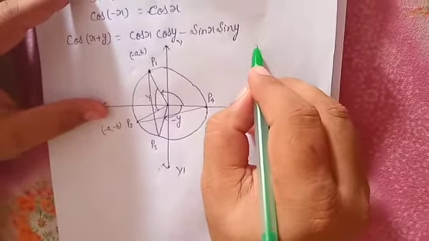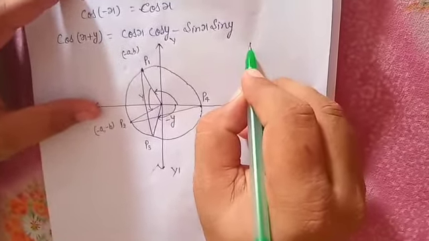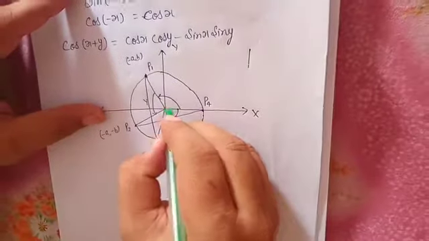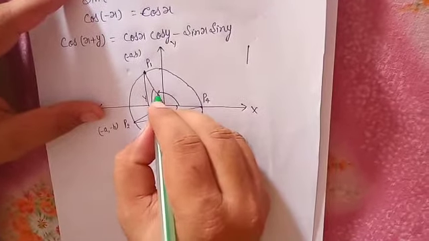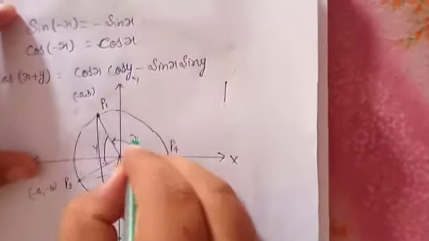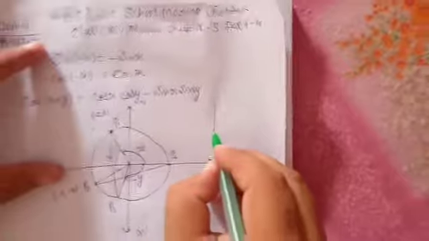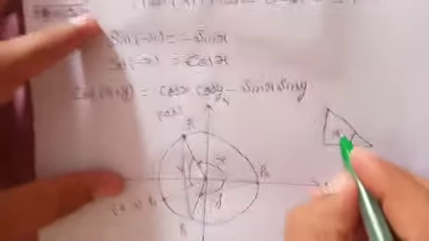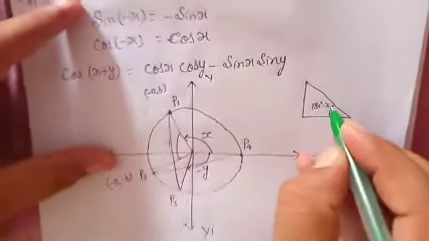So what you can take? A triangle. So you have to take this. You have to take, this is what? X. Again you can take like this. This angle is how much? 180 degree minus x.